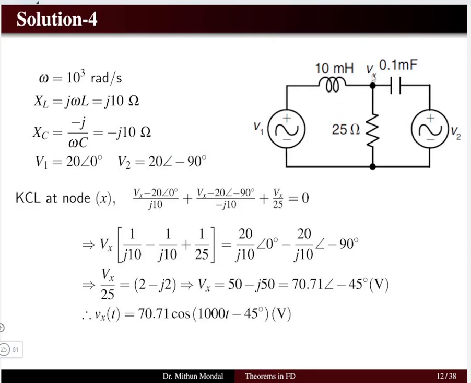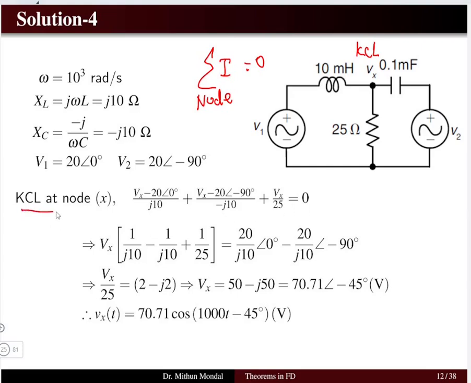Now we can apply Kirchhoff's current law, that is the nodal analysis, with the algebraic sum of all the currents at a particular node equal to 0. So here all the currents entering the node and all the currents leaving the node add up together to form 0.